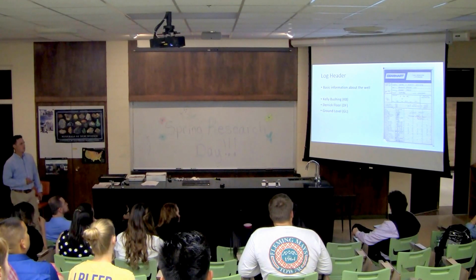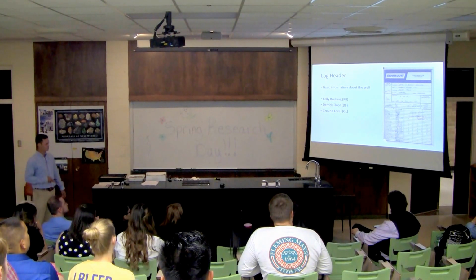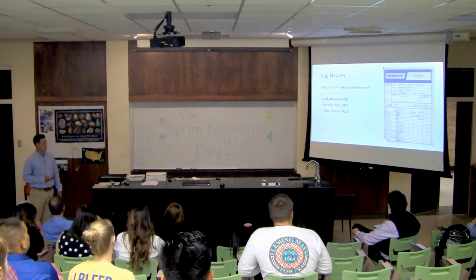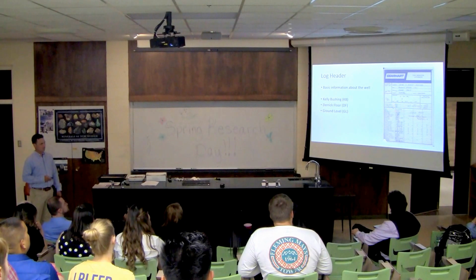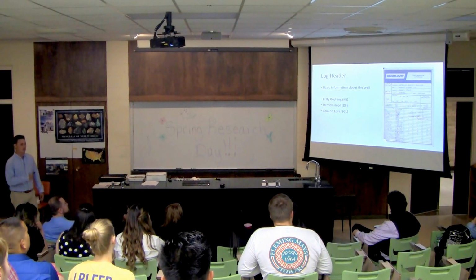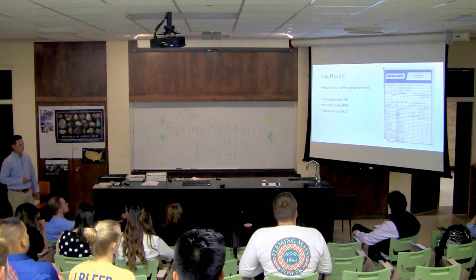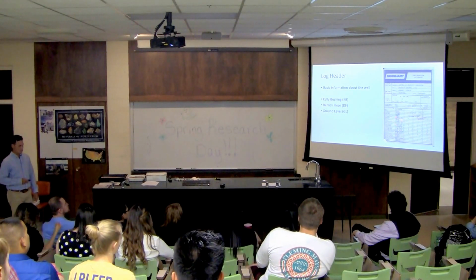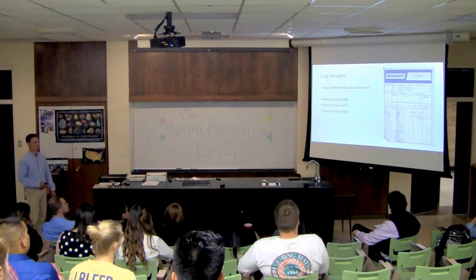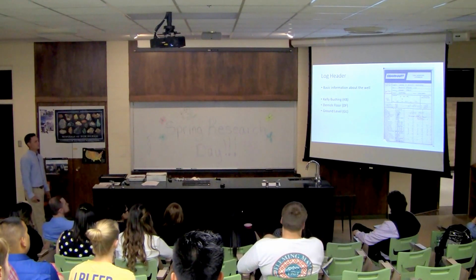It's pretty basic information. It can tell us company, well name, field, county, location. And then these abbreviations right here will tell us elevation at the surface where our derrick is. And then all this information is just other basic stuff, viscosity, temperature, porosity, all that.